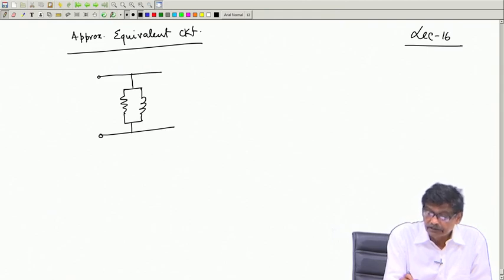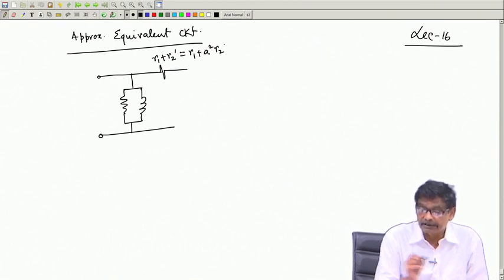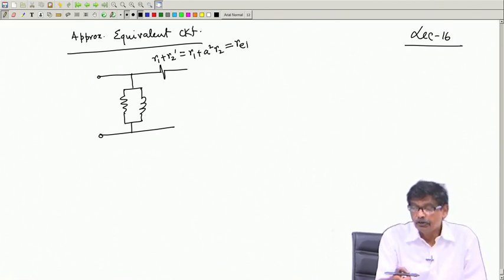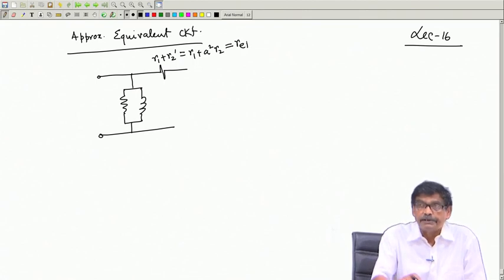This R 1 and R 2 dash can be represented by a single resistance, R 1 plus R 2 dash, which is nothing but R 1 plus a square into the actual resistance of the secondary, and this can be written simply as R e 1, that is, equivalent resistance in terms of the primary winding.